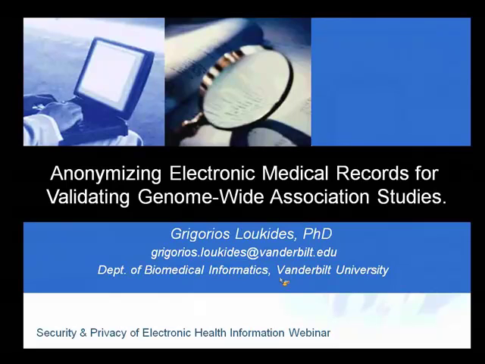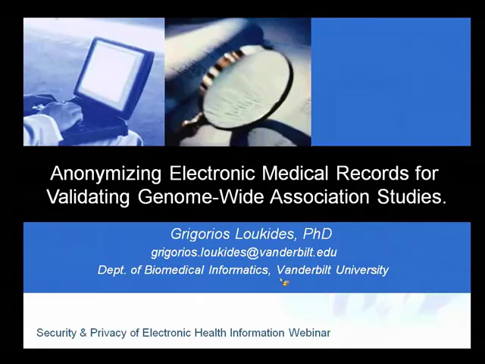Grigorios was the lead author of a number of studies where they evaluated the identification risk from diagnosis codes and developed, I think, some very interesting methods for managing those risks. His presentation today will cover the risks they've identified, as well as the techniques that they've developed. So I'll hand it over to you, Grigorios, and I'm looking forward to the presentation.